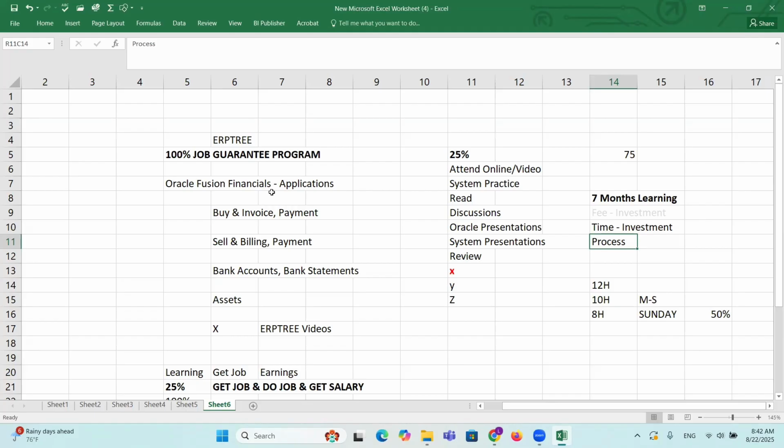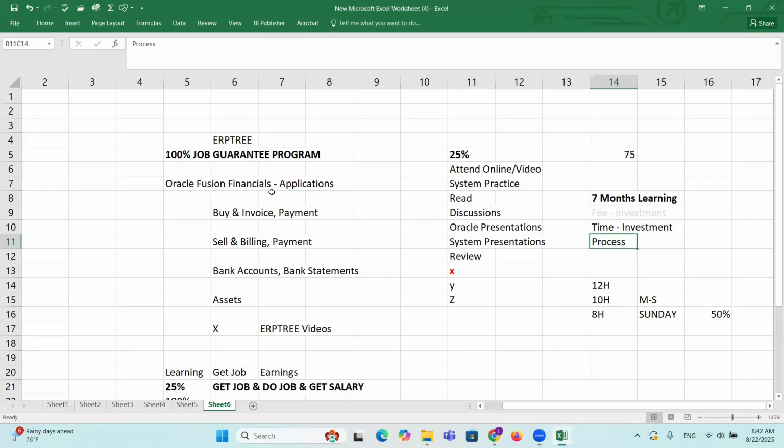Earning money, spending money, buying assets, and maintaining bank accounts. This is a very well-known story. By default, we are finance people. We are dealing with money. Now, how the same works with companies, we are going to understand.